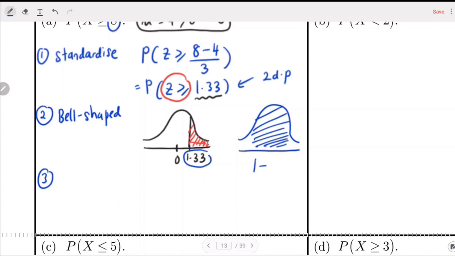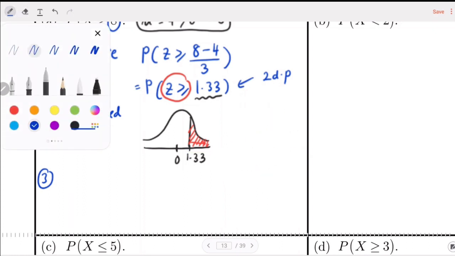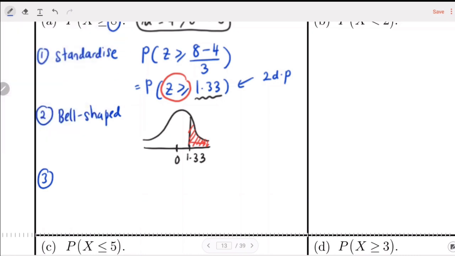But since we didn't shade the middle part of our bell shape for this example, we don't have to put the 1 minus. Instead, we just put probability Z greater than or equal to 1.33.